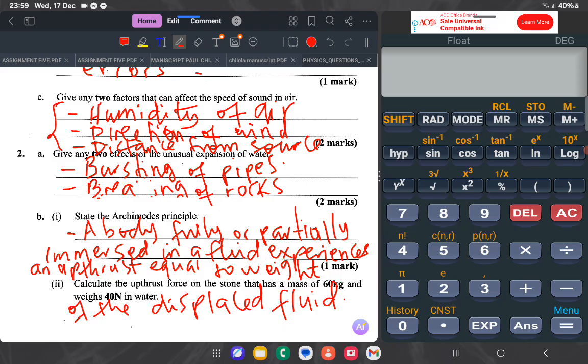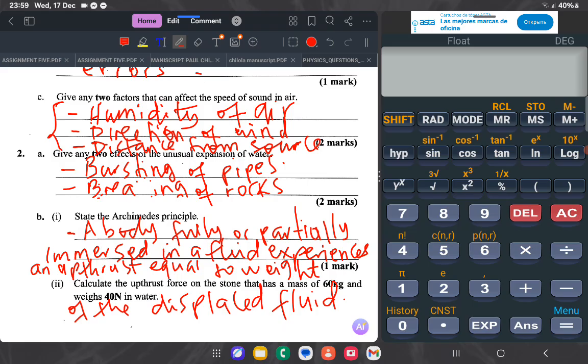Please take note. Don't confuse this with the law of flotation. The law of flotation states that a floating body displaces its own weight of the fluid.